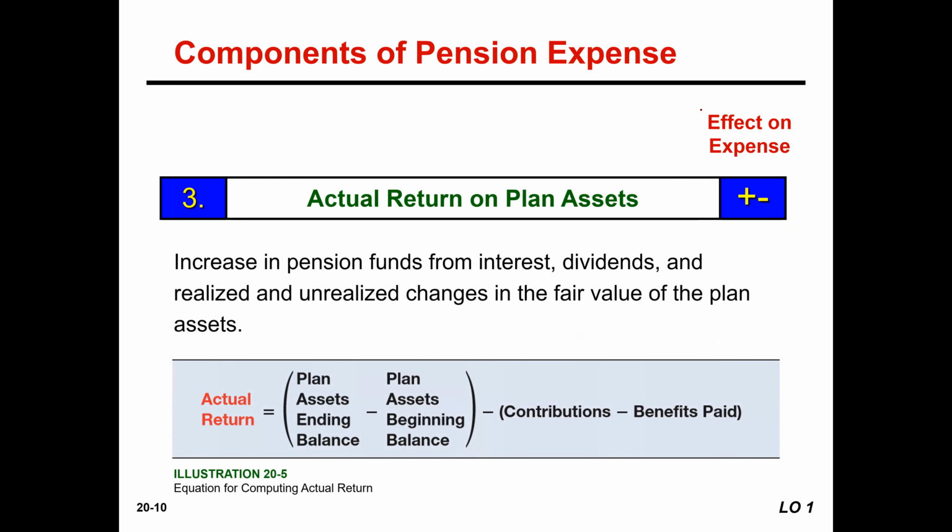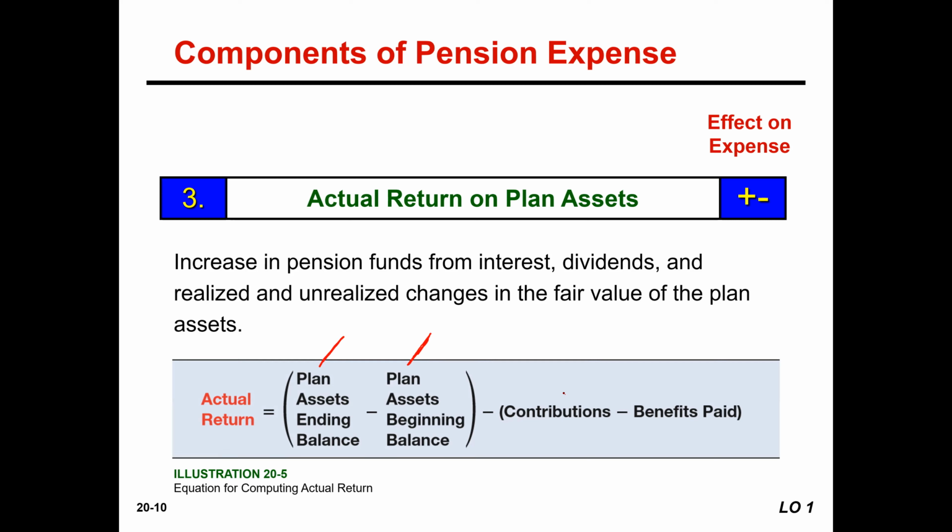Actual return on the plan assets is the increase in pension funds from interest, dividends, and realized and unrealized changes in the fair value of the plan assets. To get that actual return, just like it shows here, we take the plan assets' ending balance minus the beginning balance. That gives us the change in plan assets over the accounting period.